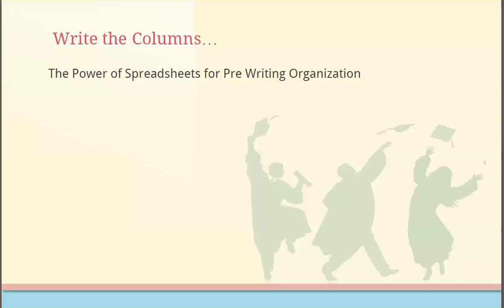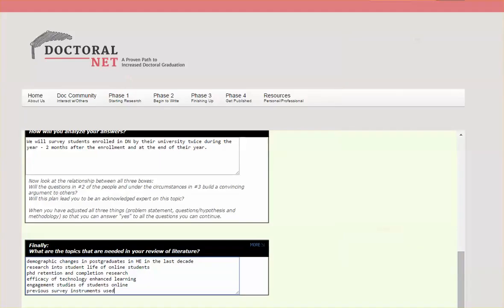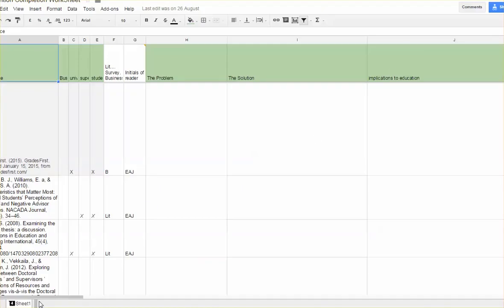And I call this writing the columns and not the rows. For this, we'll take a look at a spreadsheet that is actually in use on PhD completion with a group that I'm working with. A little off of your screen, this first column are references from the different periodicals, etc., that we've studied.